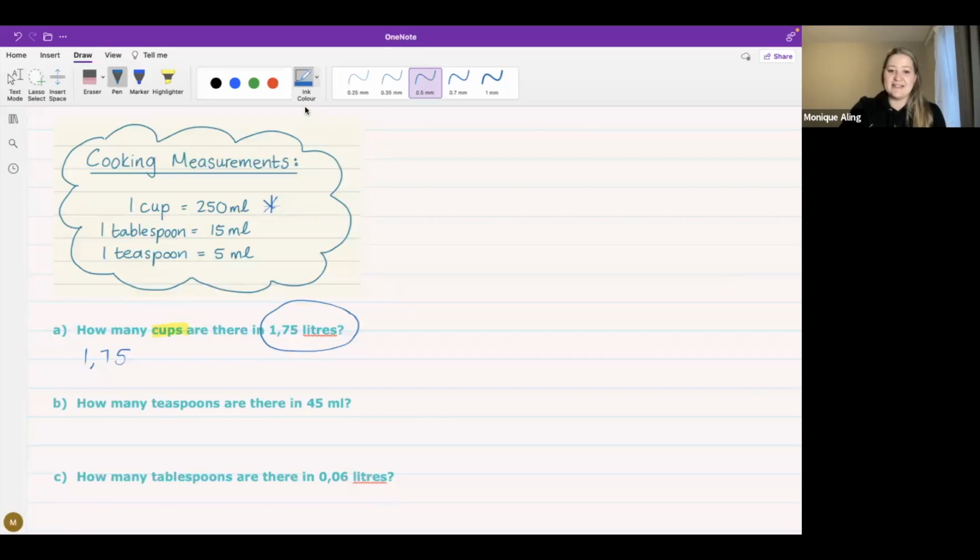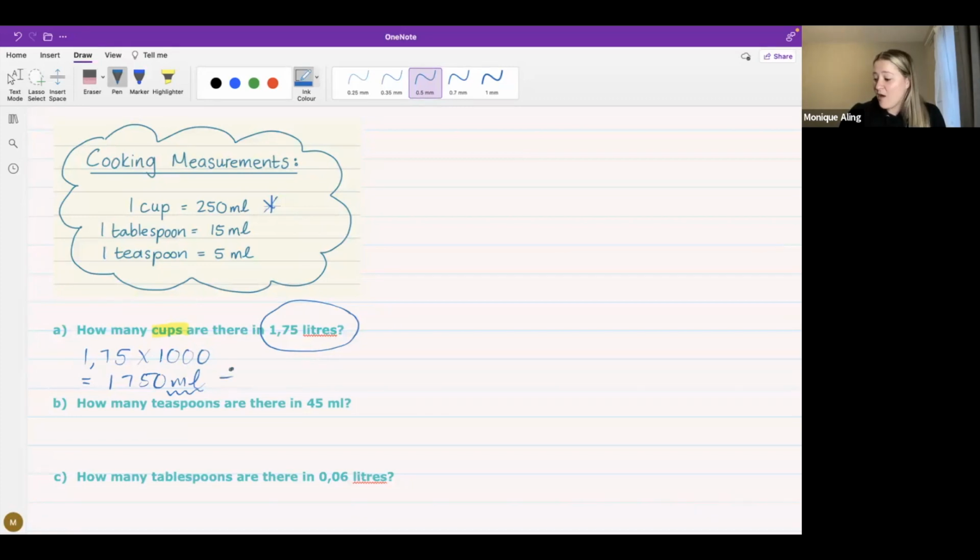Hi, Unati. Welcome. Okay, so firstly, we need to do a quick conversion to get our amount into milliliters. So we times by 1,000. So that gives us 1,750 milliliters. Now that our amount is in milliliters, we can look at our cup measurements. Now remember, each cup holds 250 mils.